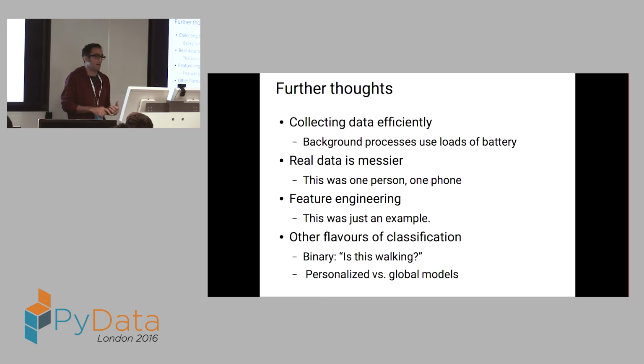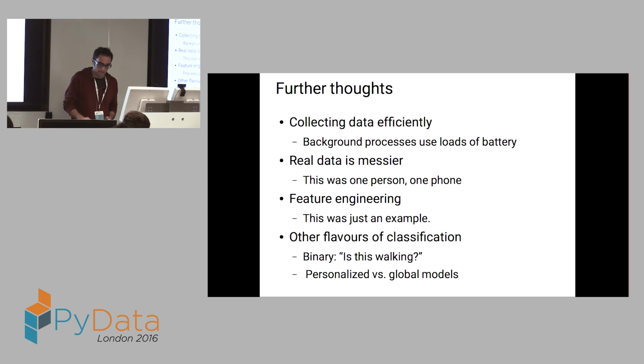So for example, you could turn it into a binary classification problem and say, is the person walking right now? And that's actually probably more realistic because you can't train for all of the activities that are possible. So it's more likely that you will train a model on one activity that you want to identify and train it against data where you just know that it's not that activity.